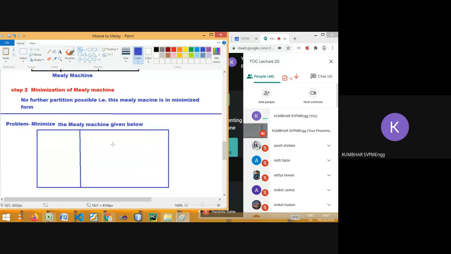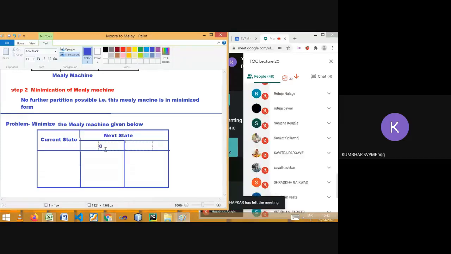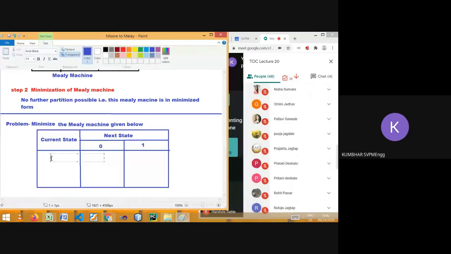In next state, again one part will be for the heading and another for input symbols. For this given example, two input symbols are there, so I am dividing it into two columns. So this is current state. This is next state. Inputs are 0 and 1. Let's check the states.